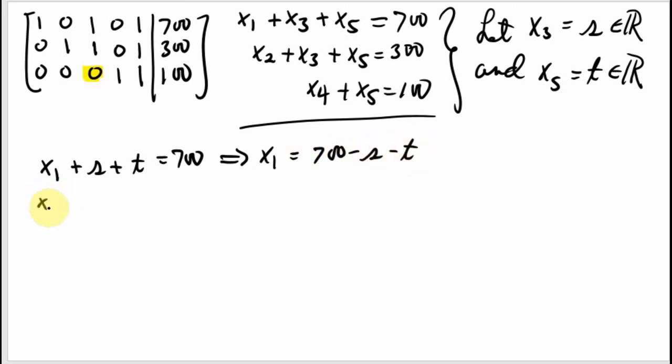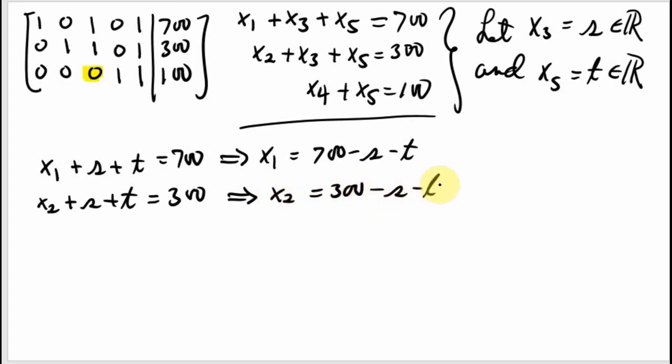For the second equation, x sub 2, a lot of times you can look at the equations and see what variables depend on another variable, right? So here x sub 2 plus s plus t is equal to 300. This implies that x sub 2 is equal to 300 minus s minus t. x sub 3 is equal to s.